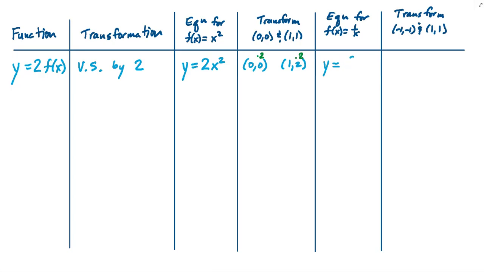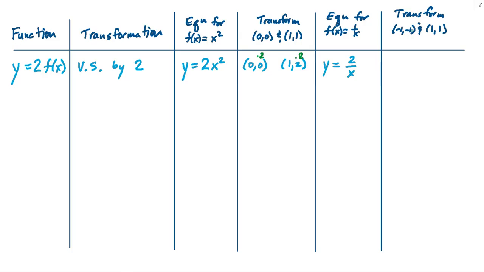And 2 times 1 over x is the same as 2 over x. So if we saw this function here, y equals 2 over x, we would know that in fact this is the same as y equals 2 times f of x, where f of x is this parent here of 1 over x.